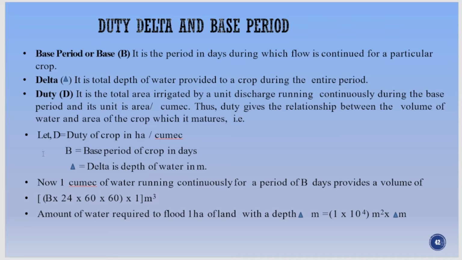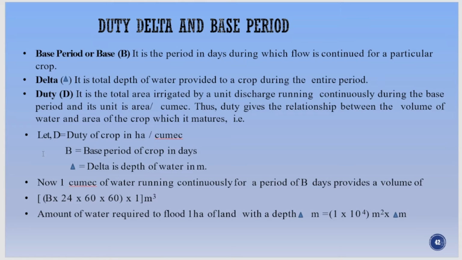Delta is the depth of water that will be applied to any given plant from sowing to its harvesting period. We supply water in terms of volume, in terms of discharge, but if that volume of water is applied on the irrigation field, and the depth of water stored on that field is accumulated from sowing till the harvesting period, that is called delta.